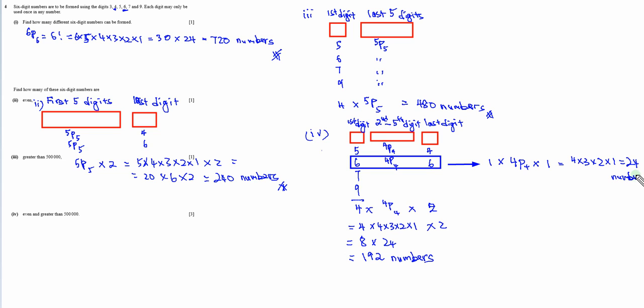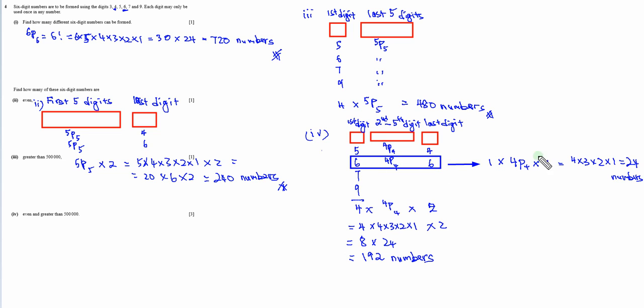In each of these 24 numbers, you have 6 as the first digit and 6 as the last digit, which is not permissible. How do you end up with 24? It is the variation of 4P4 between the second and the fifth digit. The manner you arrange, you can actually get 24 numbers that have 6 in front and 6 at the end.